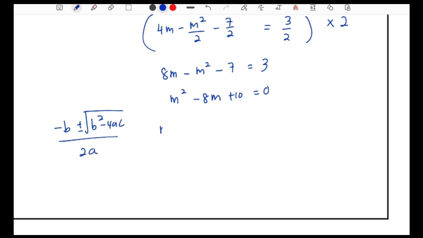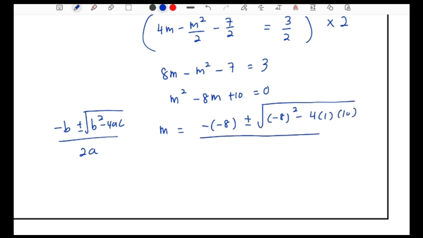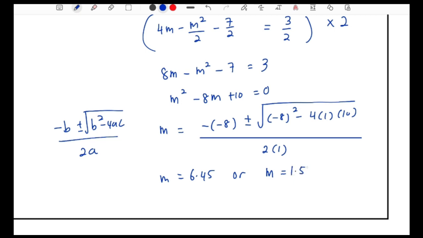So m equals to 0.25. So m is equal to 6.45 or m equals to 1.55.